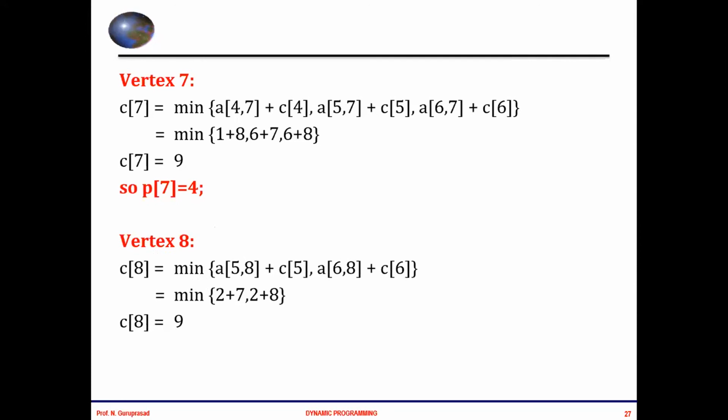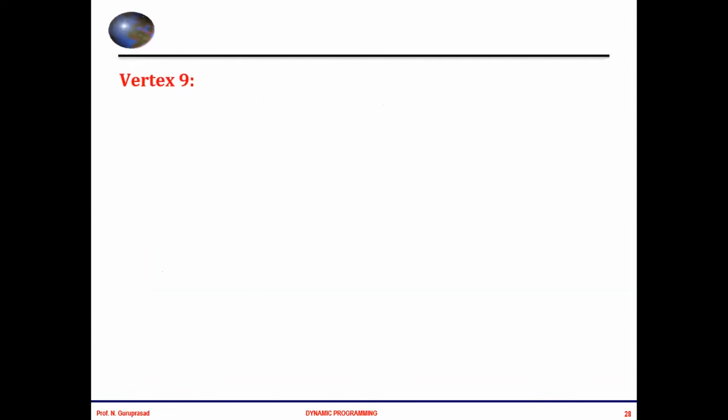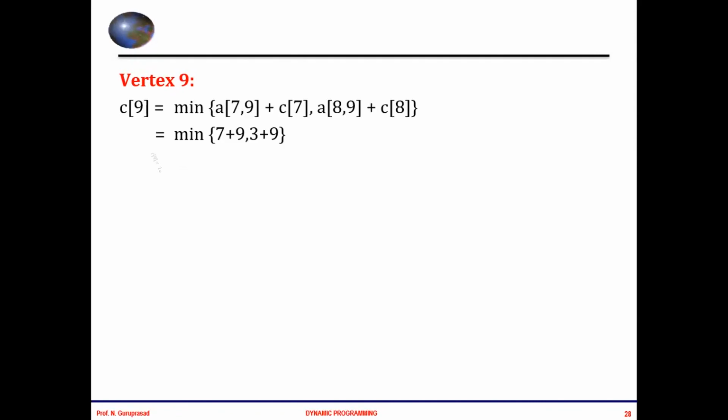C of 8 is 9 and P of 8 is 5. So we come to the last vertex, that is vertex 9. So I get C of 9 as 12 and P of 9 as 8.